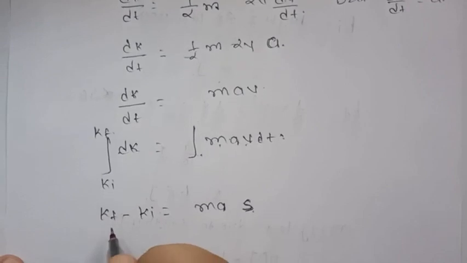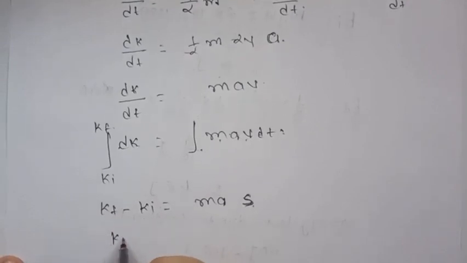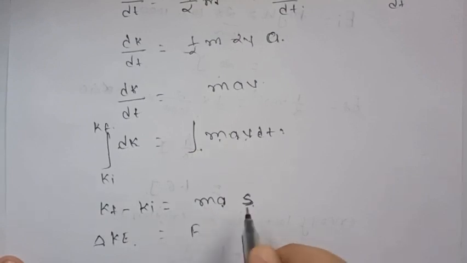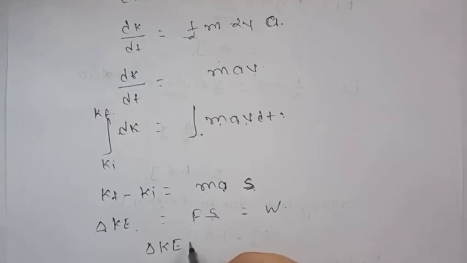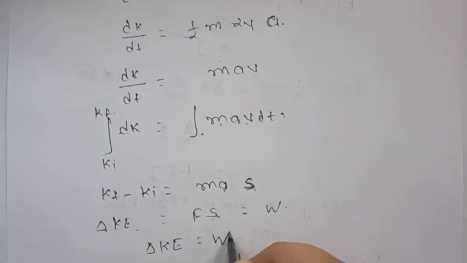So K final minus K initial will be equal to the change in kinetic energy. This mass into acceleration is force and this is displacement, but force into displacement is work done. So even for a variable force, the work energy theorem holds good. So delta K is equal to work done.